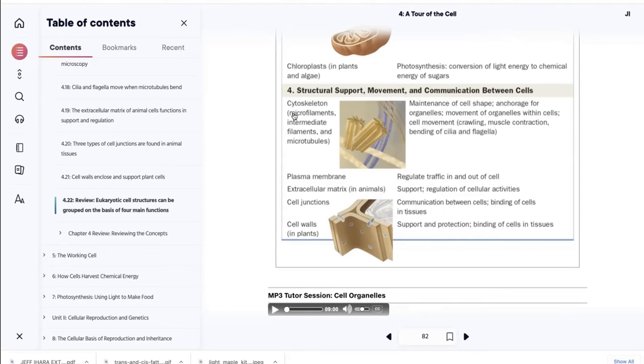In other words, cytoskeleton has those same analogous functionalities because, at least for animal cells, it's going to support a cell, making it look the way it does. We'll be talking about different kinds of cells later on, like nerve cells, those nerve cells that have long extensions, they call them axons.